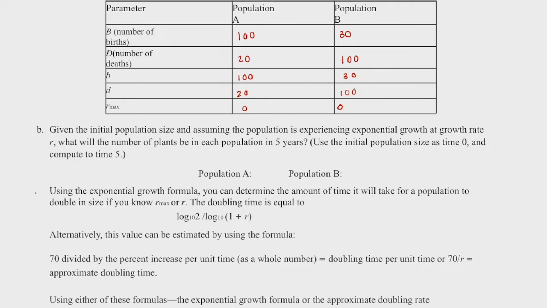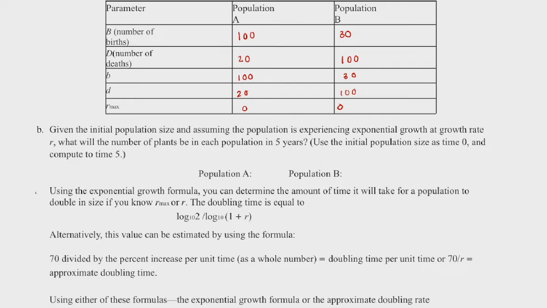So given the initial population size and assuming the population is experiencing exponential growth at growth rate r, what will the number of plants be in each population in 5 years? Use the initial population sizes times R max and compute to time 5.